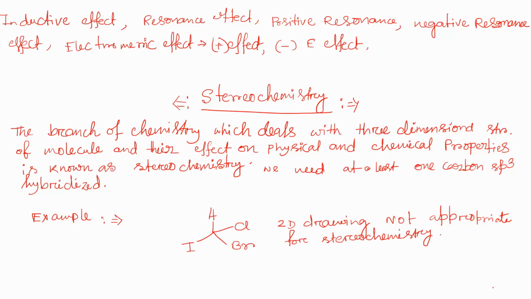We need a drawing which can define a molecule in a three-dimensional manner. If we represent the same molecule in a different way, with hydrogen, iodine and chlorine below, and the bromine in the above position, then it is a 3D drawing appropriate for the stereochemist.